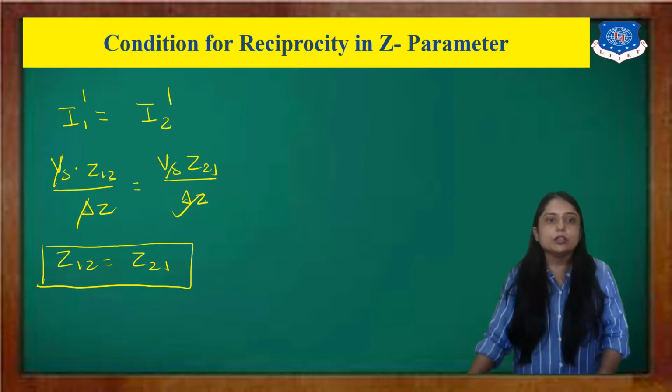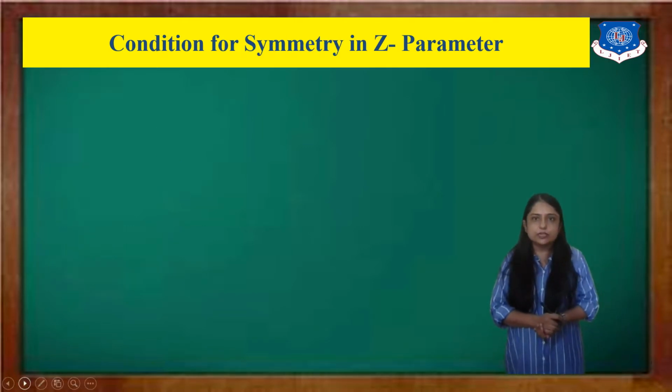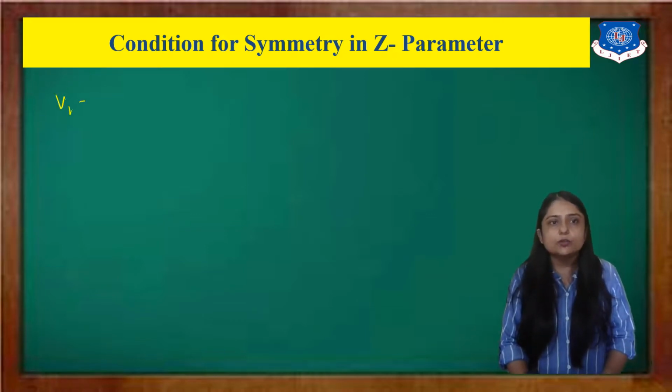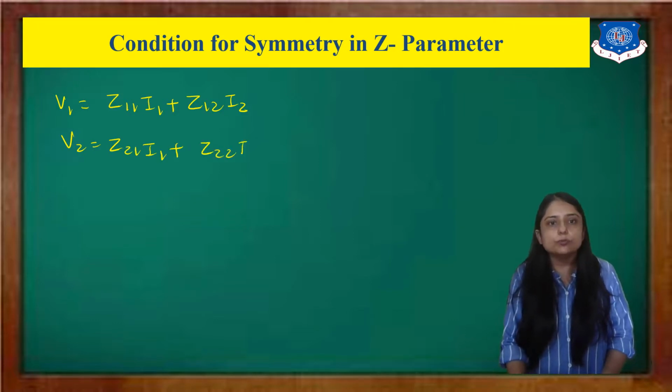Now next we will discuss the condition for the symmetrical network. Here I'll just write down our two equations: V1 equals Z11 I1 plus Z12 I2 and V2 equals Z21 I1 plus Z22 I2.